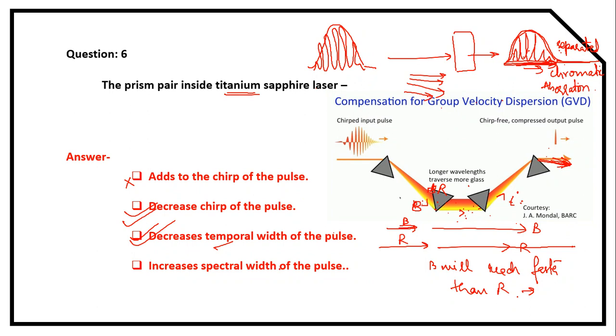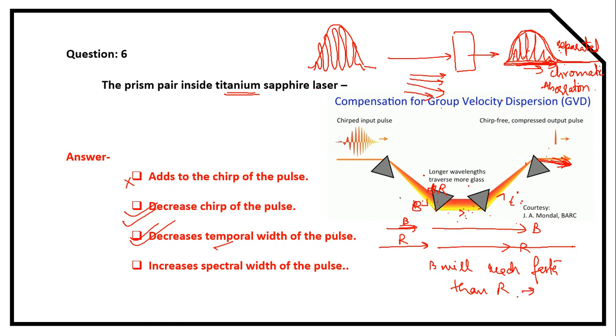The next option is increases the spectral width. What is spectral width? It is related to the intensity. When the light passes through this prism system, nothing can change the intensity of the light. In fact, it goes out strongly focused.